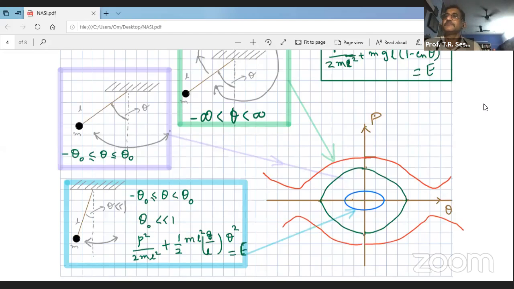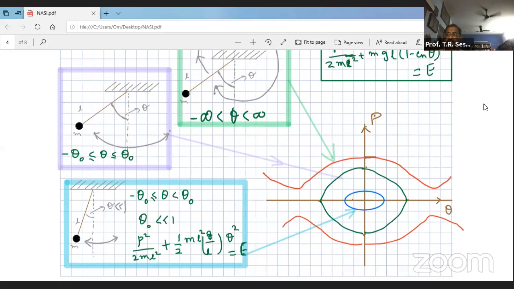Unfortunately, I'm not able to use the whiteboard. Otherwise, I would have done something. Okay. So if the pendulum is straight down, then what is theta? Theta is 0. And the pendulum is at the minimum value of potential energy.